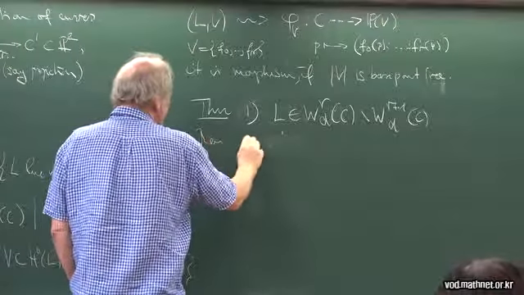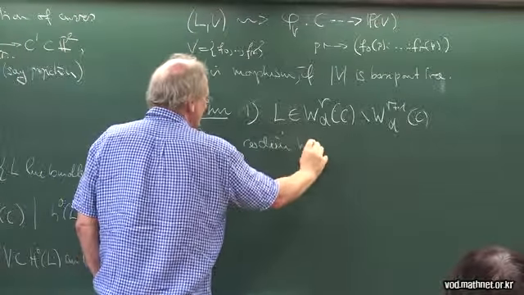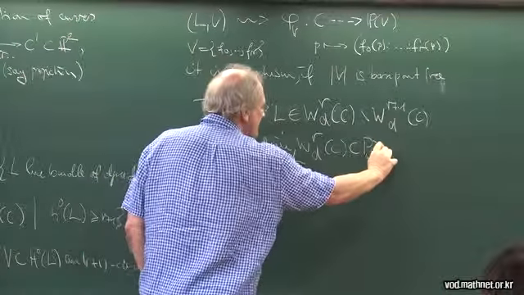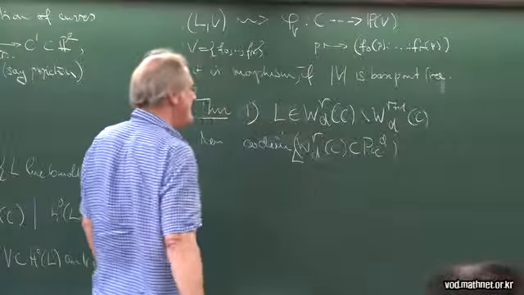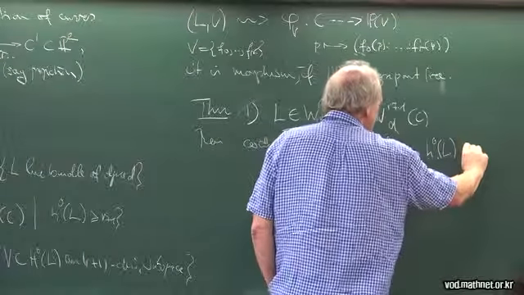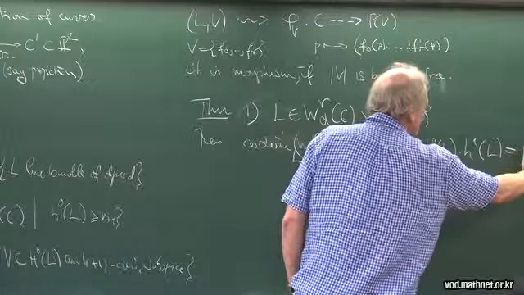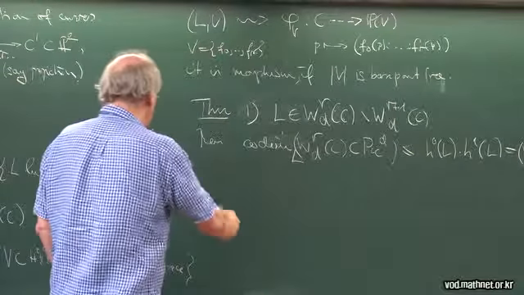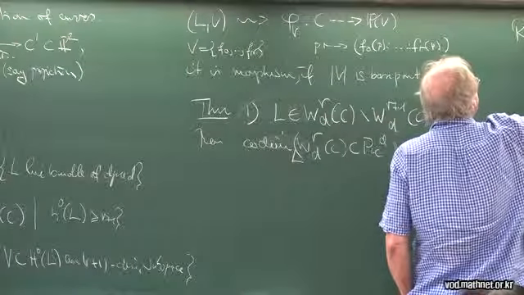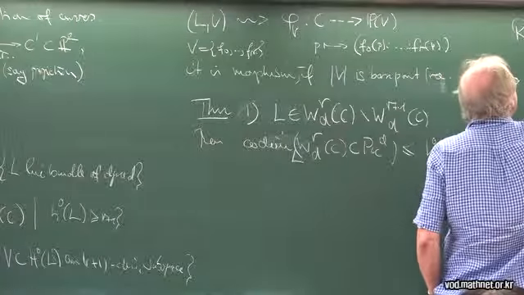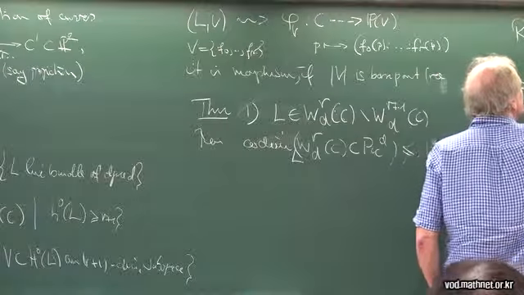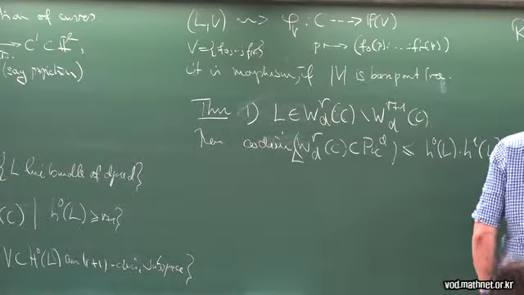Then the codimension at the point L of W^r_d of C inside Pic^d is less than or equal to h0 of L times h1 of L, which is r plus 1 times, by Riemann-Roch, h0 of L minus h1 of L equals the degree of L plus 1 minus g.